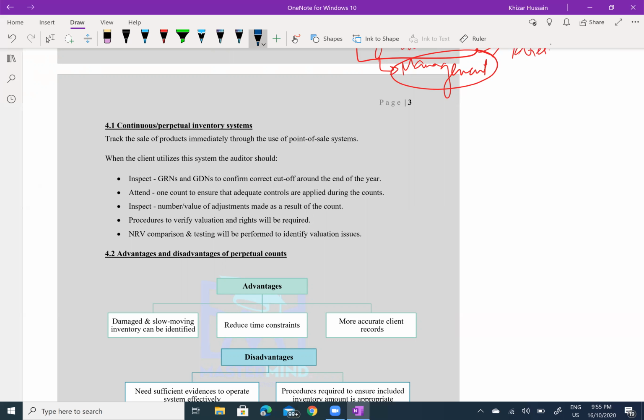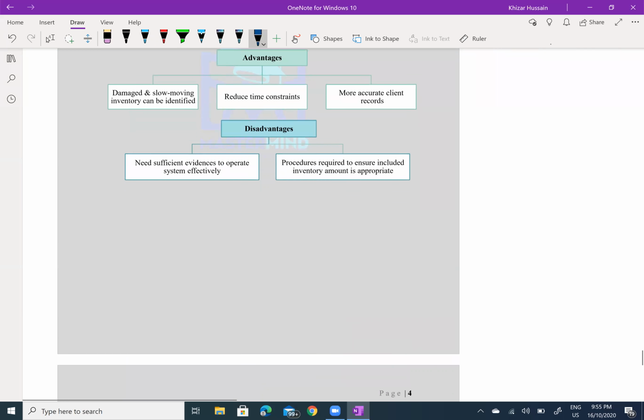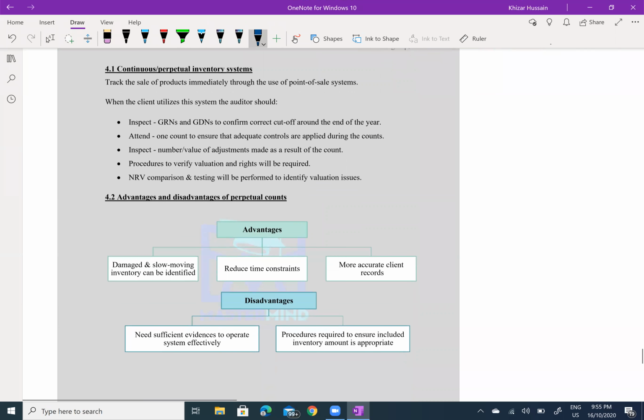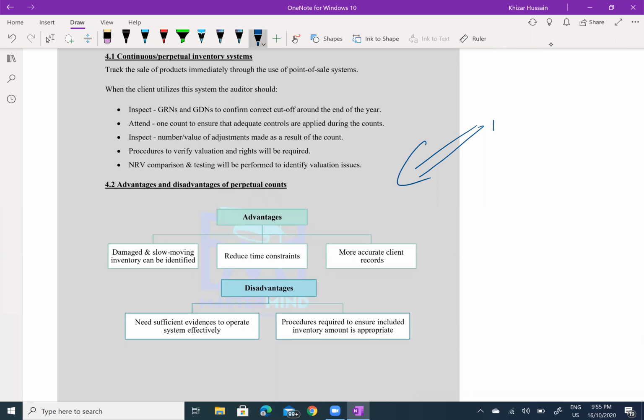We have come across this scenario in our exam, in our kit questions, in our practice questions as well. The question that we did in the last class had a perpetual inventory system, correct? So this is just theory. I want you to read this and ask if you have any questions.